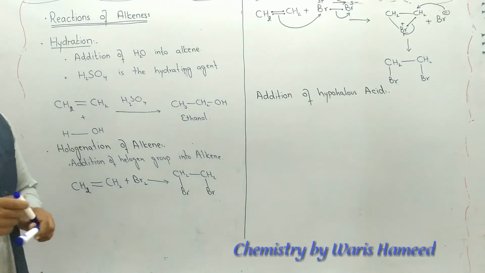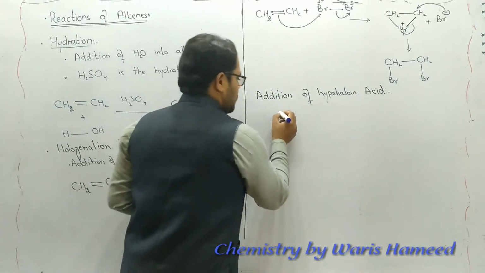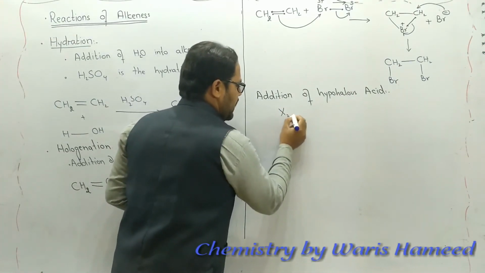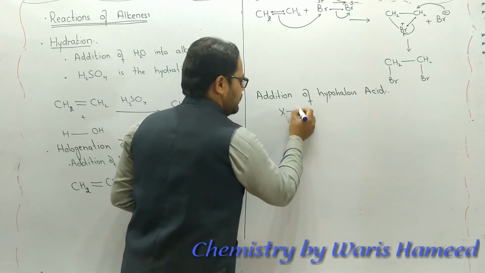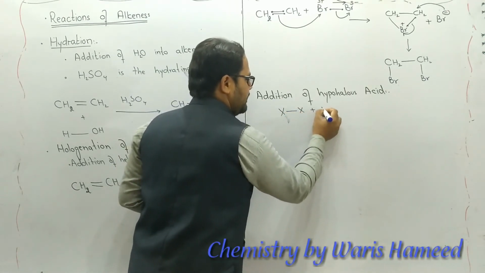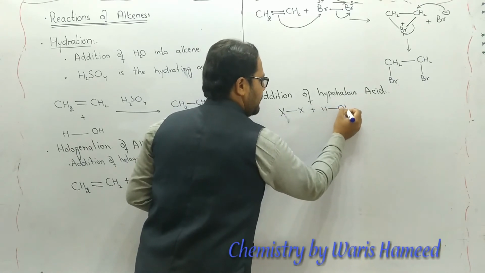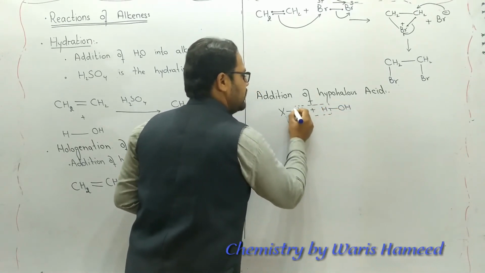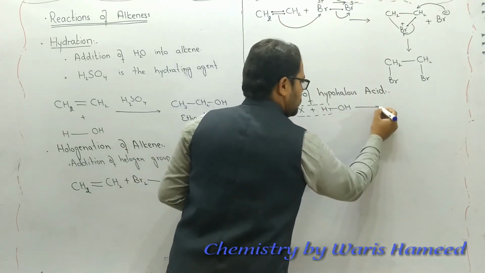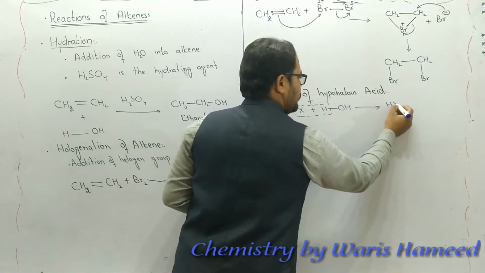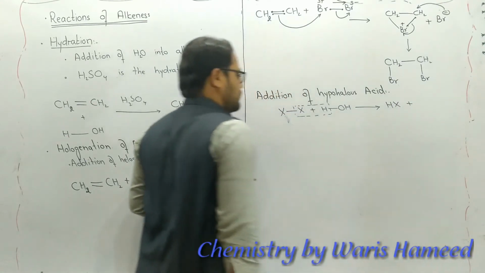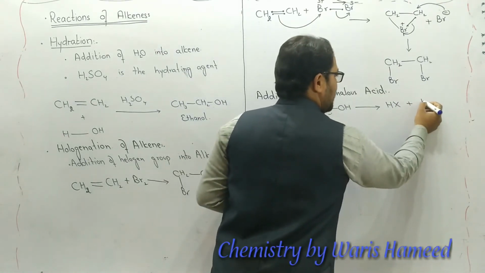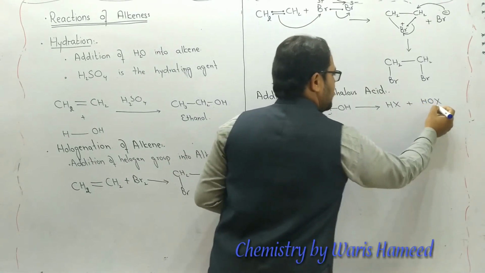When we react halogen X2 with water, it forms two types of acids. First is hydrogen halide and second is hypohalous acid.